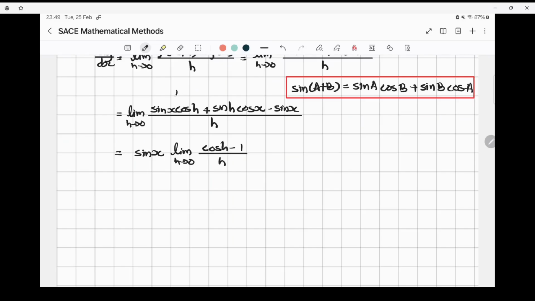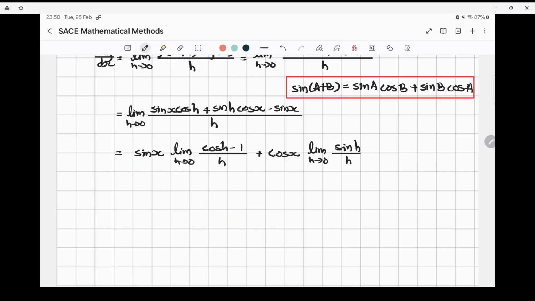This is between the first term and the last term. Let's write the cos x out, and then the limit of sine h divided by h.